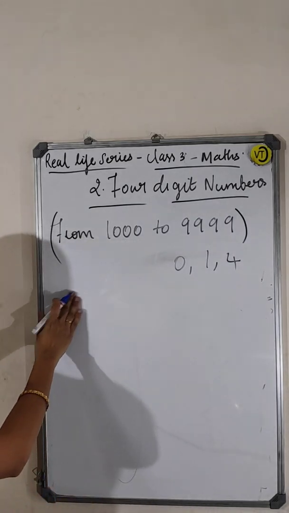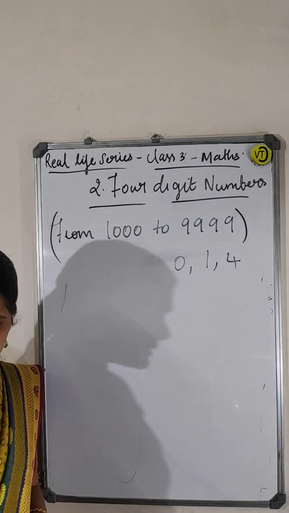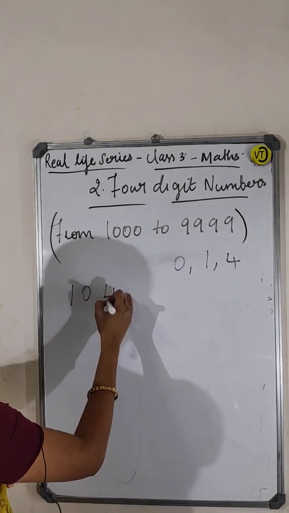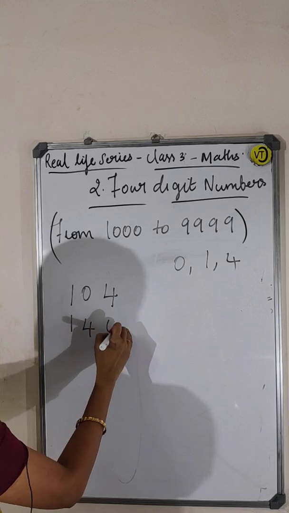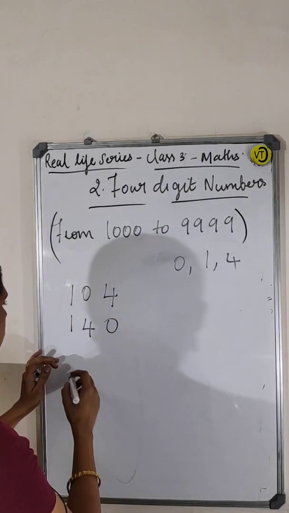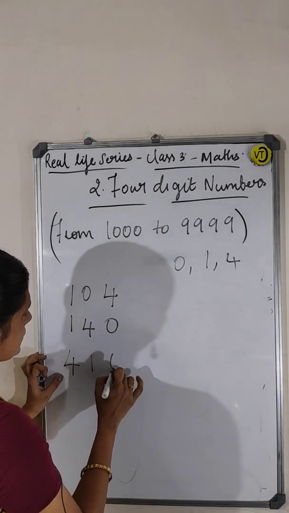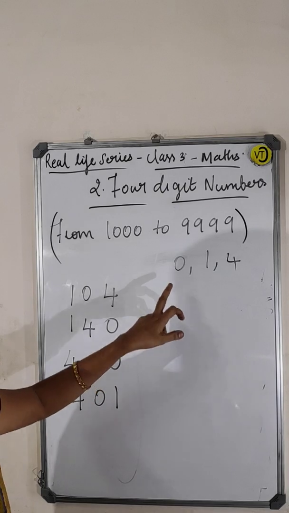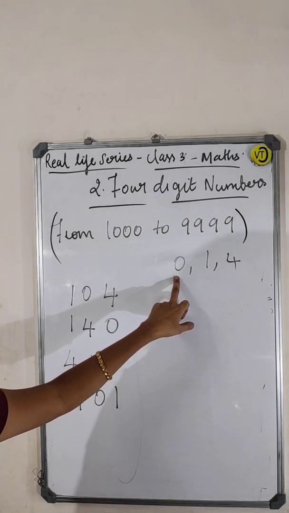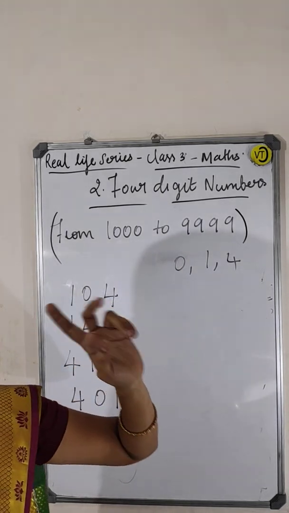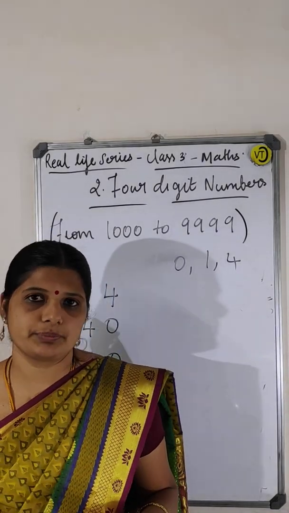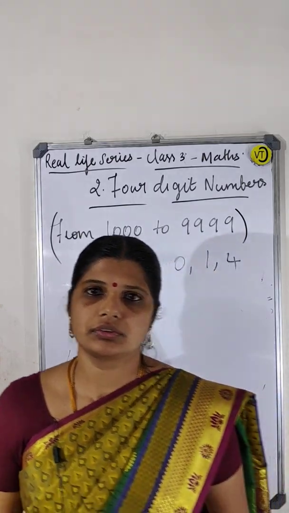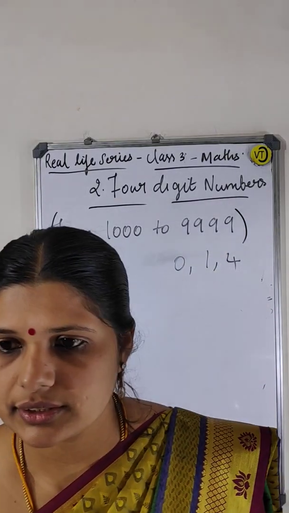So first of all I am placing 1: 1, 0, 4 and 1, 4, 0. Second I am keeping 4: 4, 1, 0 and 4, 0, 1. Only this much I can write, because I cannot keep 0 as the first number; no number should begin with 0 in the first place. Even if you put 0, there is no value for it. Right? So you understand, guys?